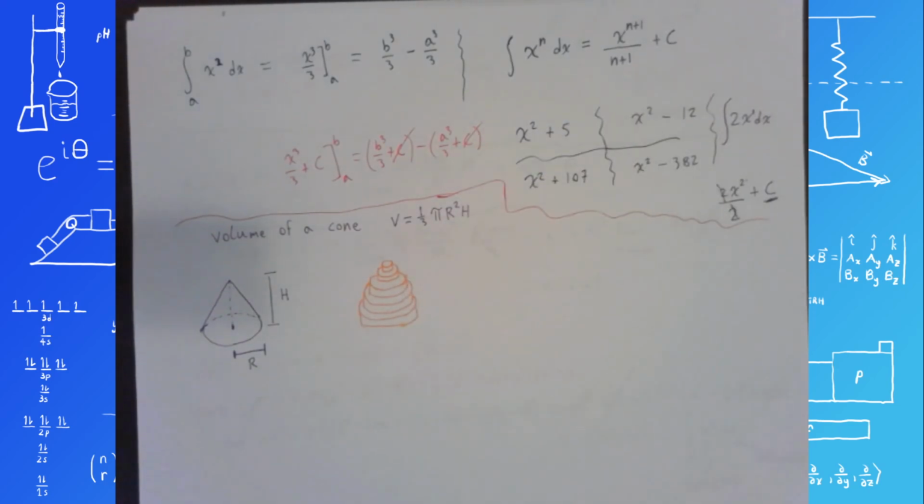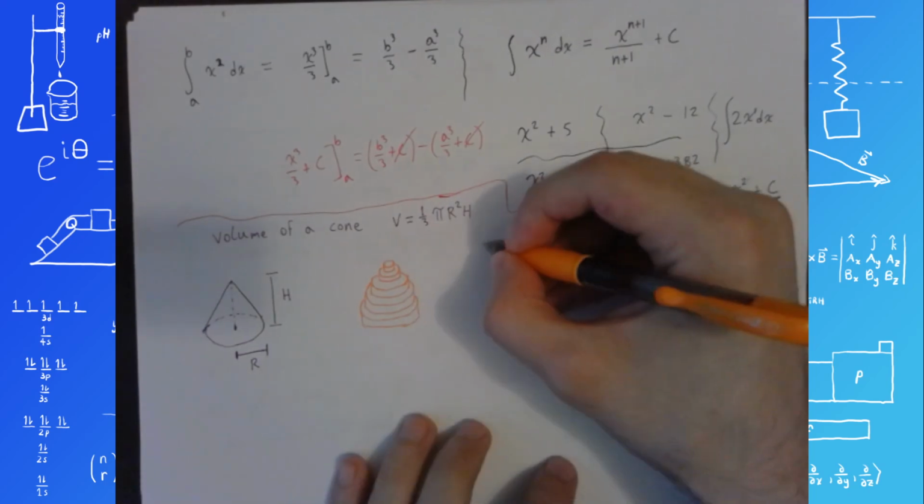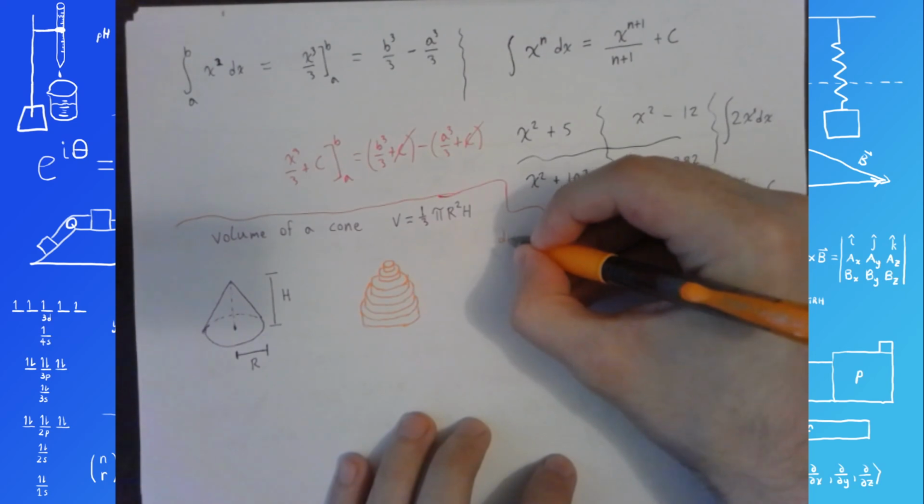If I were to take a stack of these, what would I call them? Really short cylinders. We refer to them as disks, but they're also cylinders.